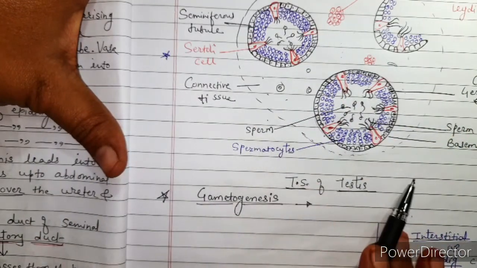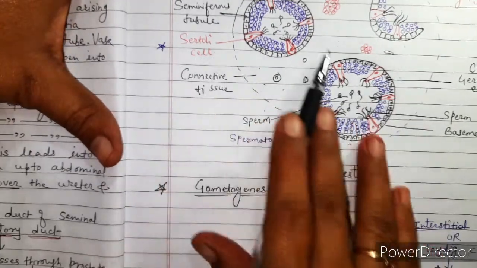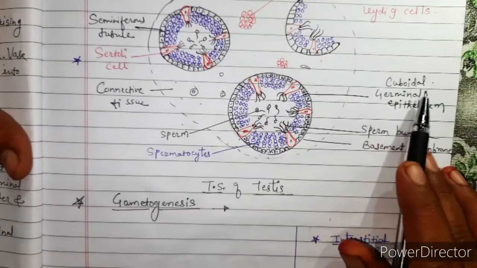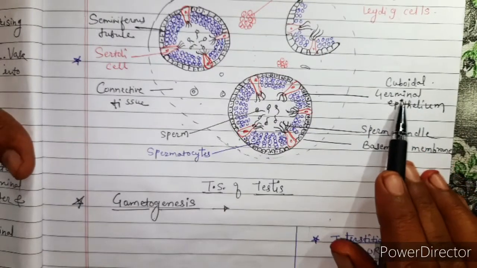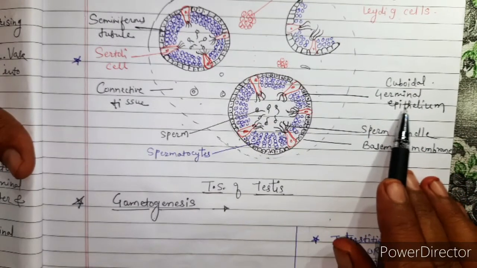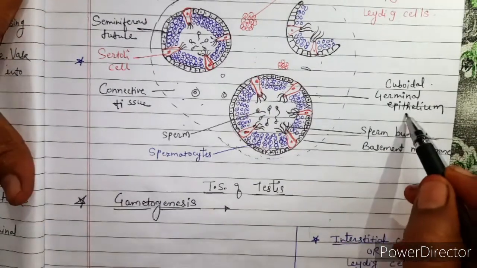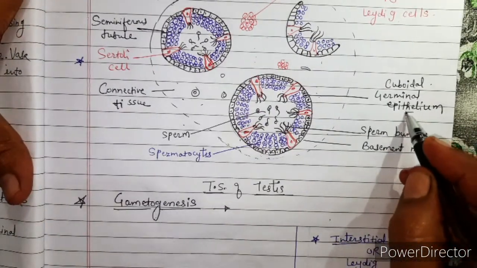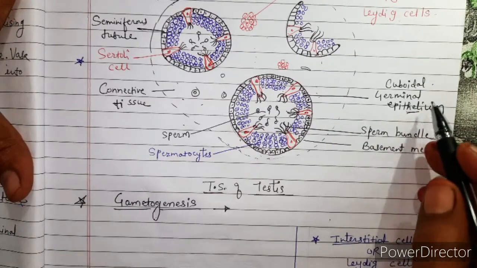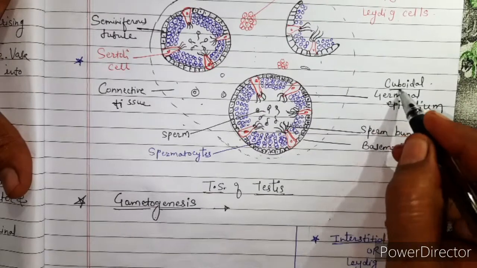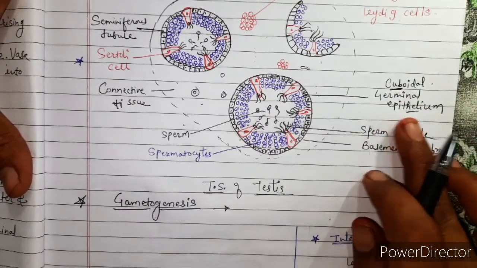Each seminiferous tubule is internally lined by cuboidal germinal epithelium. Last year we studied epithelial tissue, and you know that different types of epithelial tissue are named according to the shape of the cells. Here cube-like cells are present, so this is called cuboidal epithelium.